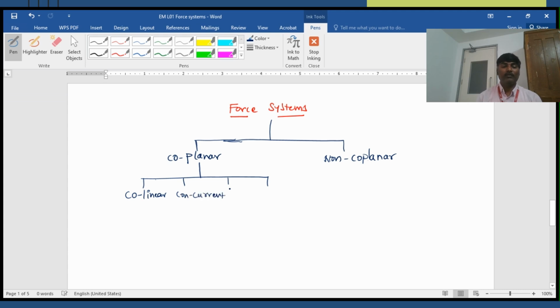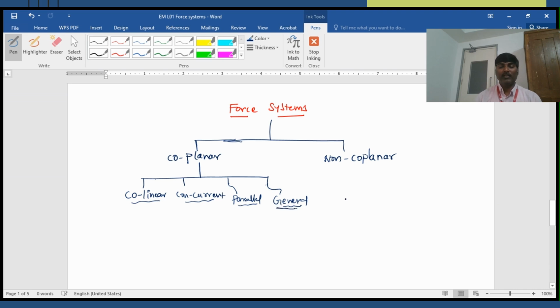The other one is parallel force system, and the last one we call a general force system. Okay, collinear force system, concurrent force system, parallel force system, general force system. So the other name for the general case of force system is non-concurrent, non-parallel. Okay, that is what is called general force system.